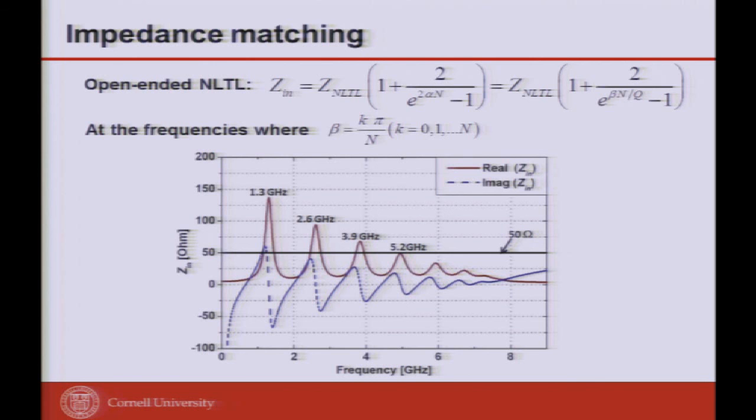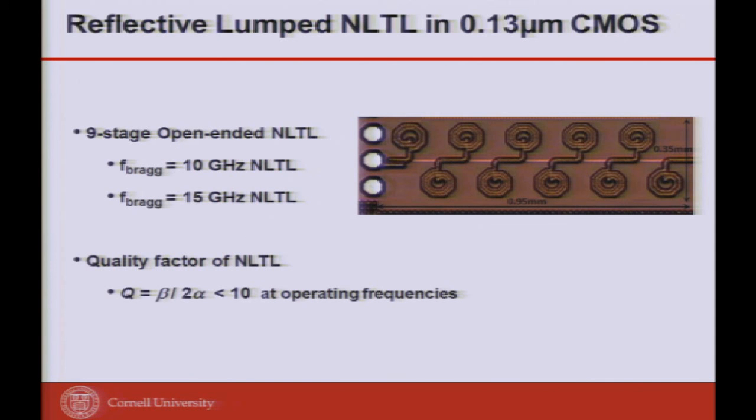These can be calculated and designed, and then you implement your nonlinear transmission line. We also taped out these in a relatively high frequency, and they become even smaller, 1 millimeter by 0.3 millimeter nonlinear transmission lines.